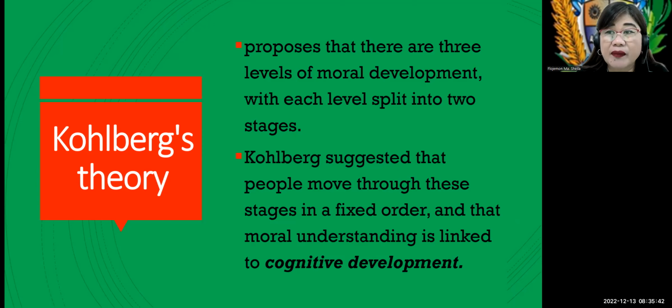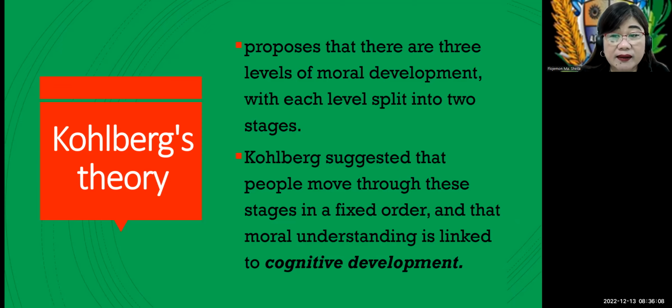So this theory proposes that there are 3 levels of moral development: the preconventional, conventional, and postconventional. And each of these levels is split into 2 stages. And later on, I am going to discuss it with you.